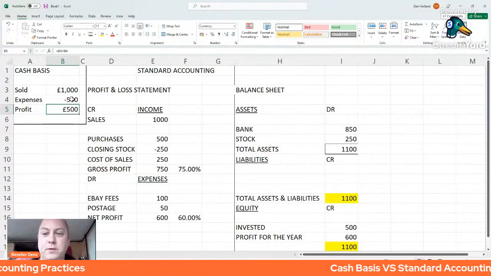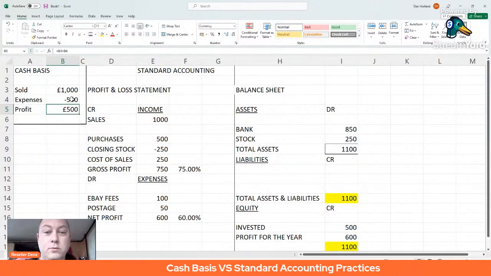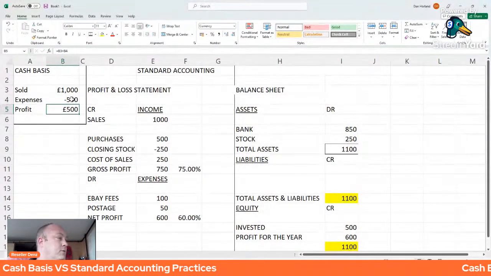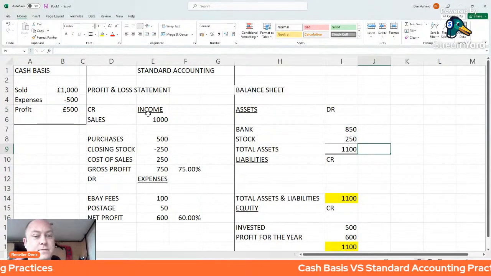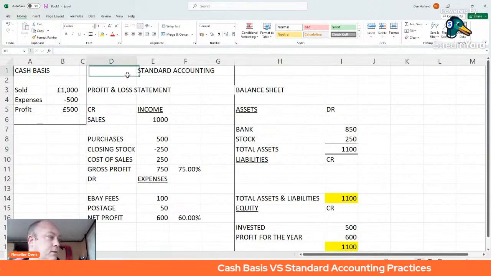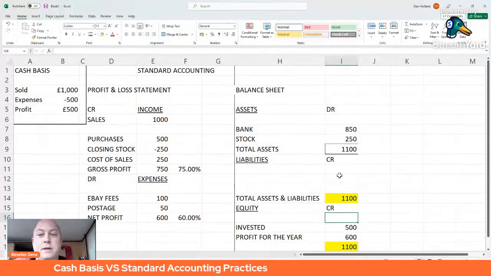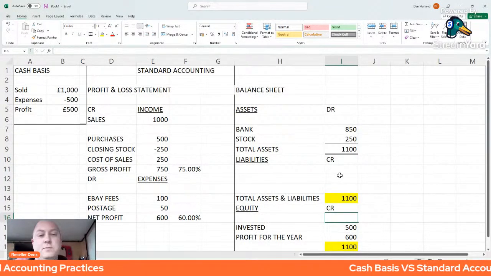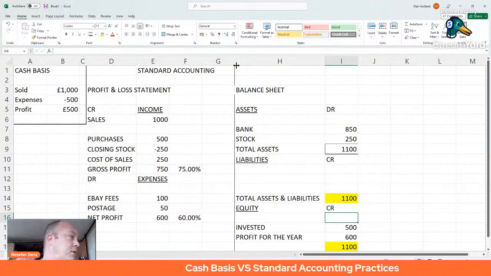And I know a lot of eBay sellers use this method and don't take into account this actual stock value that they've got in their warehouses. But this whole practice here is how a business should be run if they've got physical stock, things like that, and especially services as well. So yeah, hopefully that was helpful for you.